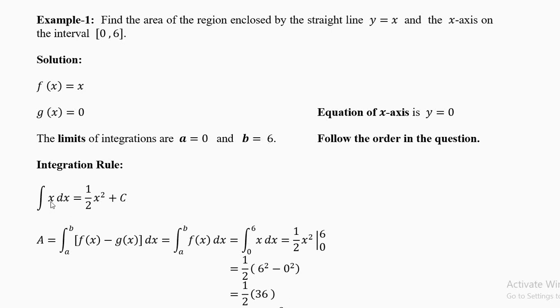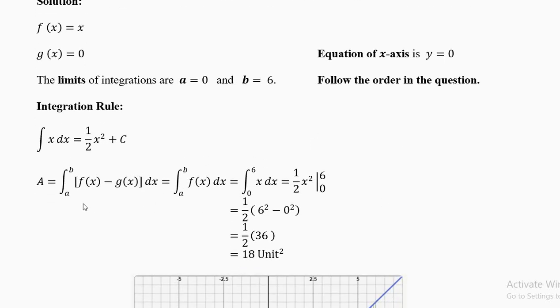The integration rule for x dx is ½x² + c. We do not need + c because this is a definite integral. Now the area is the integral of f − g going from a to b, which is 0 to 6 given in the question. g is equal to 0, so f − g equals f. It is x dx.